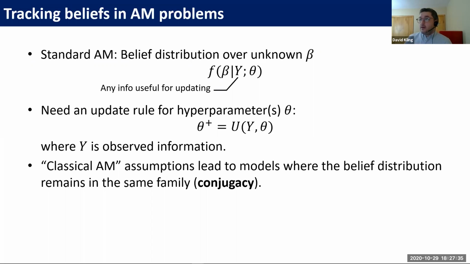So to get started and building off of Paul's last presentation, in standard AM problems, we have a belief distribution over an unknown parameter, let's say, and where our beliefs are going to incorporate any information in principle useful for updating, actions, observations that are useful, and also hyperparameters.